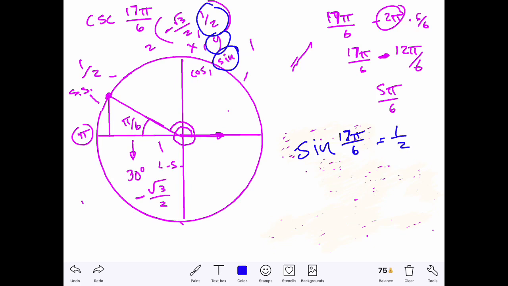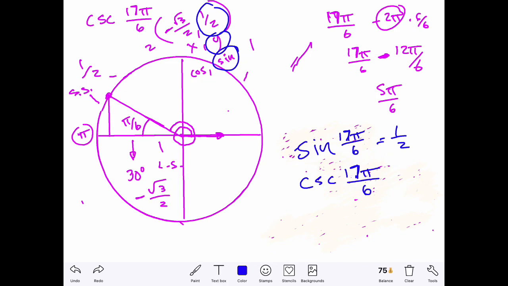Once I've constructed my reference angle and found the sides, then I'm going to use these tricks essentially to get to know quickly what sine and cosine are, and then I can construct tangent and all my other ones from there, of course. Okay, so sine of 17 pi over 6 equals 1/2.